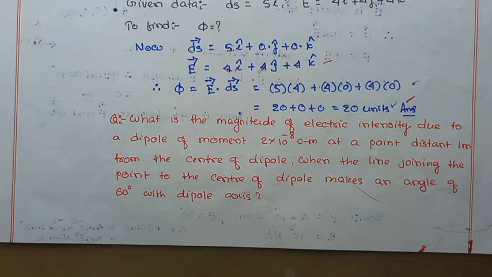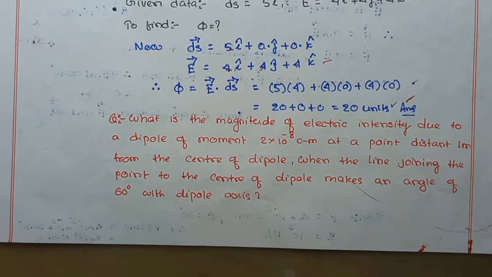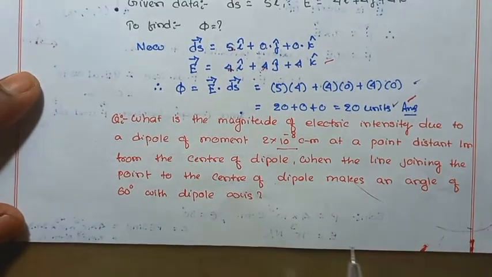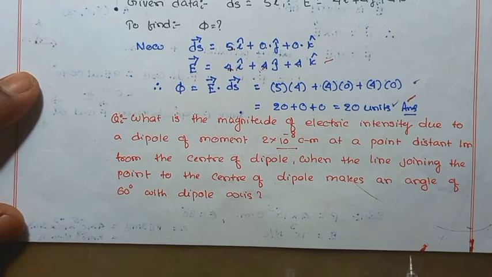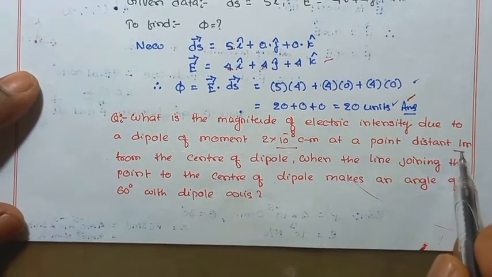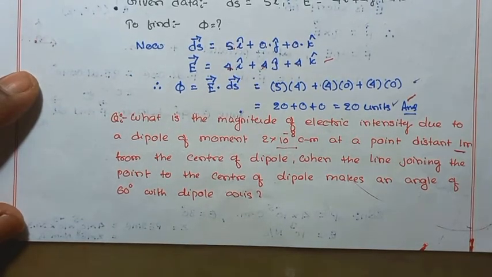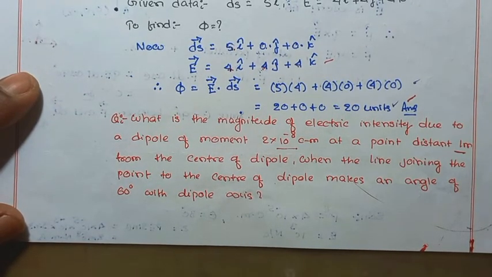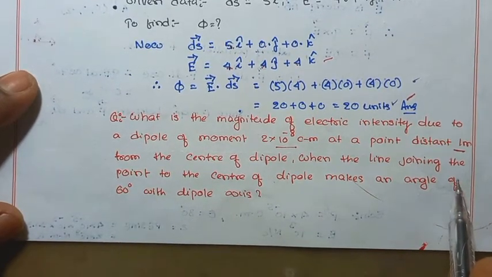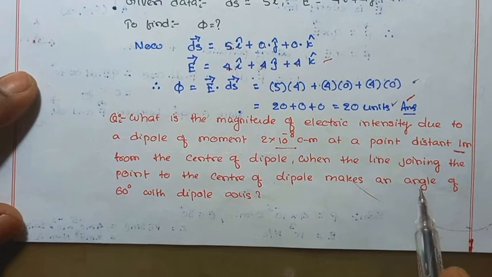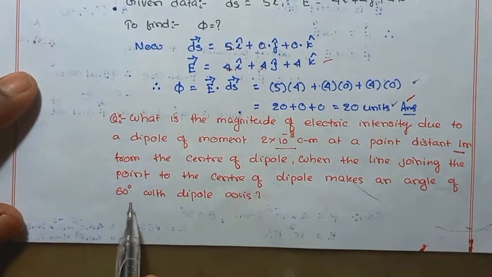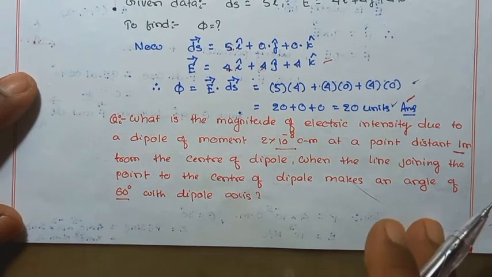In this question, the dipole moment is given, that is 2 into 10 power minus 8 coulomb meter, and the distance of the observation point is 1 meter from the center of the dipole, and the line joining the center of the dipole to the observation point makes an angle of 60 degrees with the dipole axis.